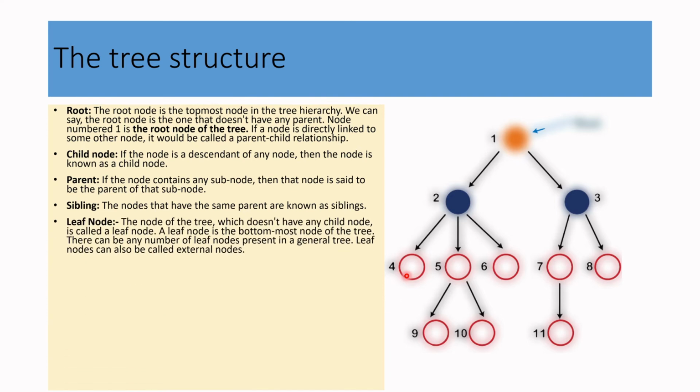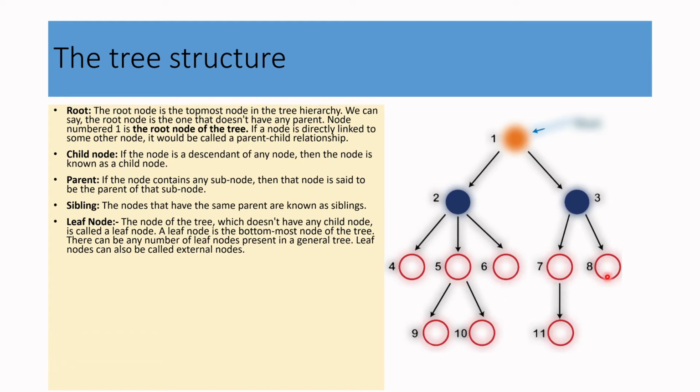What is a leaf node? Leaf nodes are 4, 9, 10, 6, 11, 8, right? Because a leaf node is a node that doesn't have any child node. So 4 doesn't have any child node, 9 doesn't, 10 doesn't, similarly 6, 11 and 8.